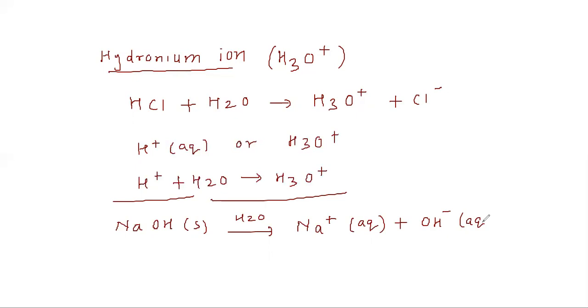Some other examples like KOH, when dissolved in water, H2O, it gives K plus aqueous plus OH minus aqueous.